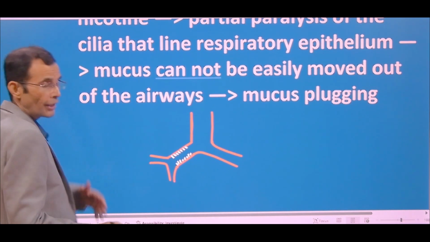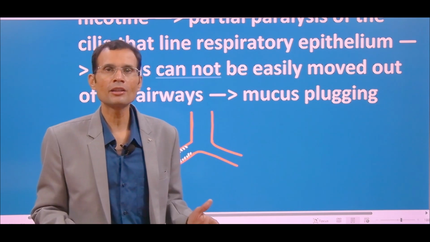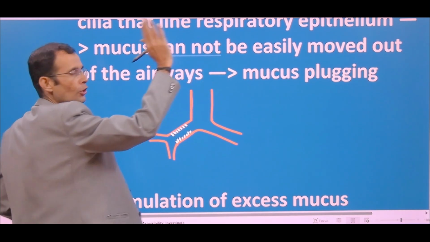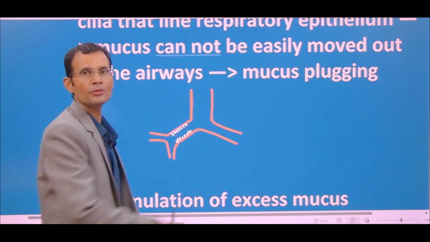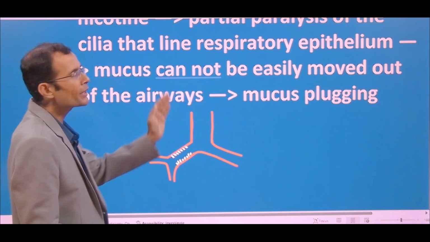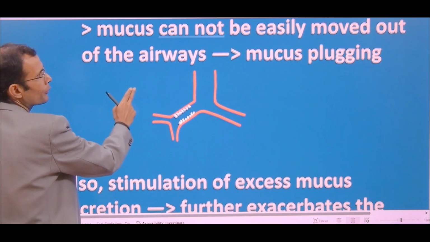In addition to the smoke or other irritants, it's the mucus that needs to be cleared of the airways, thrown out of the airways. But if the cilia are paralyzed, mucus cannot be easily moved out of the airways.